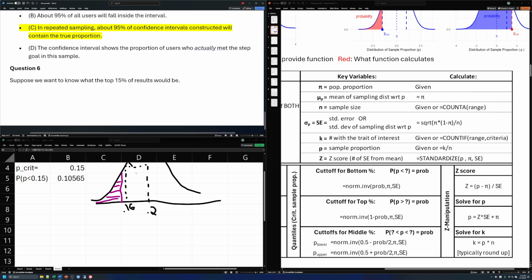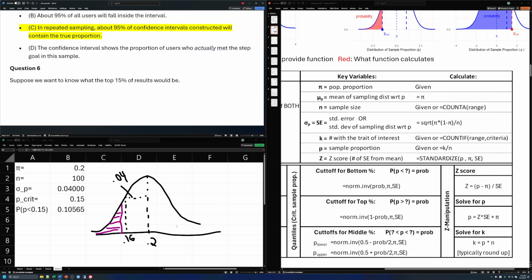In other words, if we are looking at this top 15%, I could also say what the 85th percentile would be, and instead of saying results, we'll say people who met their step goals.